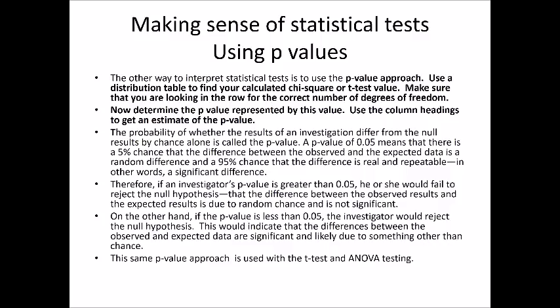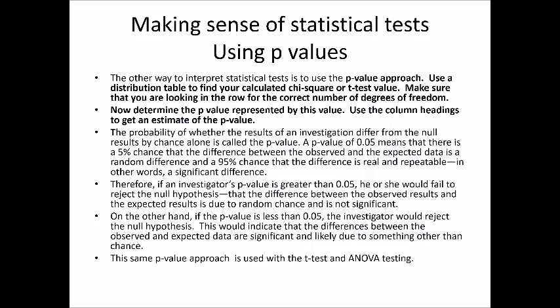The probability of whether the results of an investigation differ from the null results by chance alone is the p-value. A p-value of 0.05 means that there's a 5% chance that the difference between the observed and expected data is a random difference, simply due to chance, and a 95% chance that the difference is real and repeatable. That's what we consider significant.